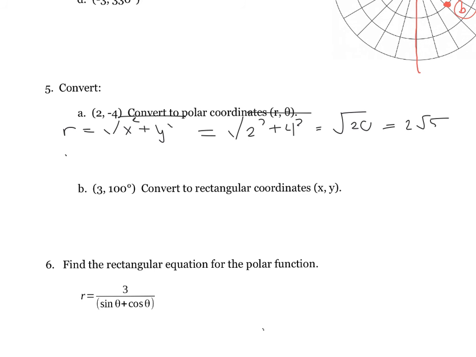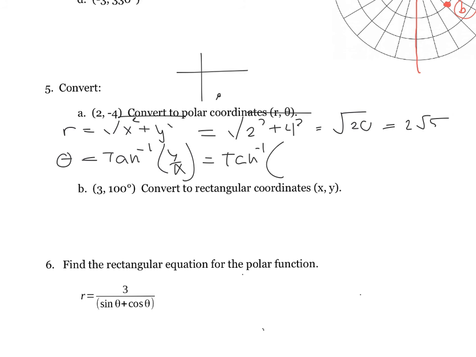The angle, we can think about where this is. 2, -4 is down in the 4th quadrant. So if we use the inverse tangent of y over x, let's see how that works out.